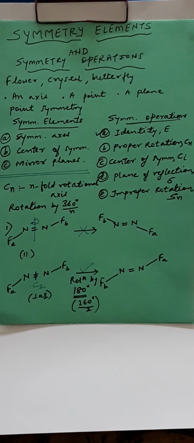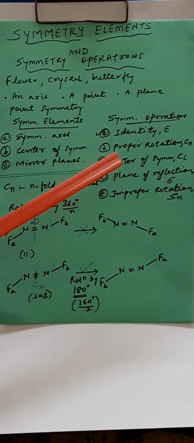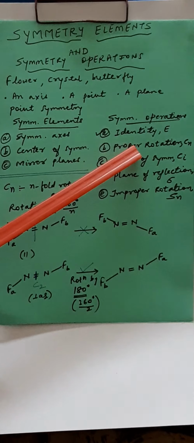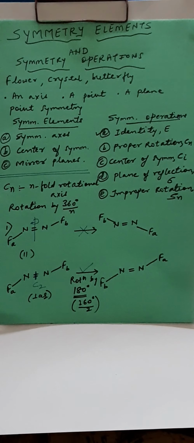See, in case of identity, it might appear to us that it is unimportant, but it is included for mathematical completeness, and some useful relationships can be established with the help of the symmetry operation identity. So it is as such an important operation applicable in mathematical concepts.